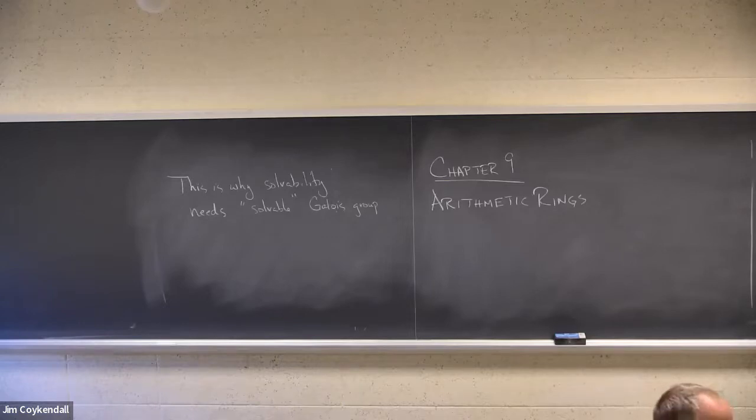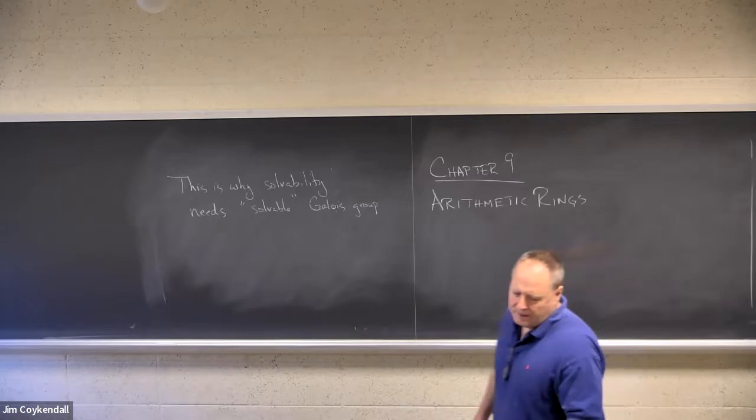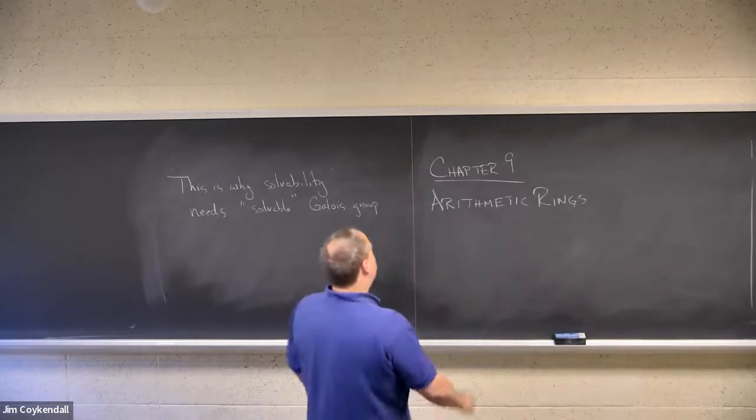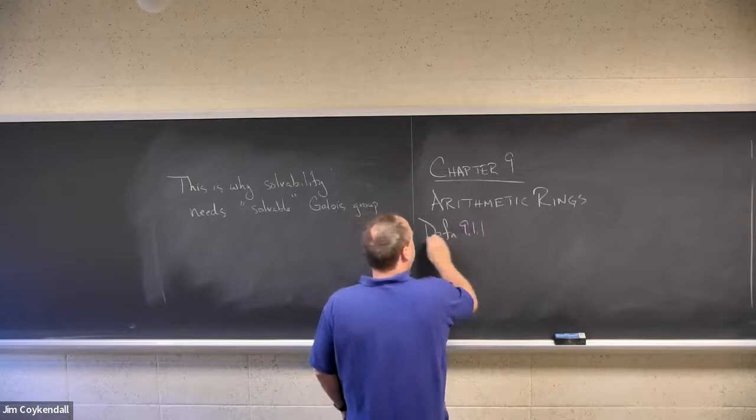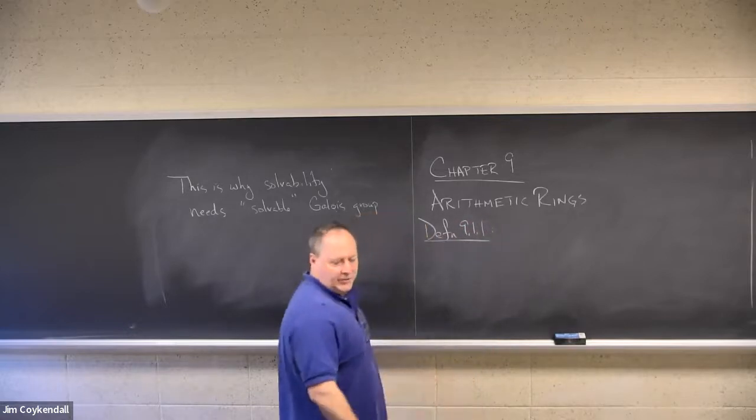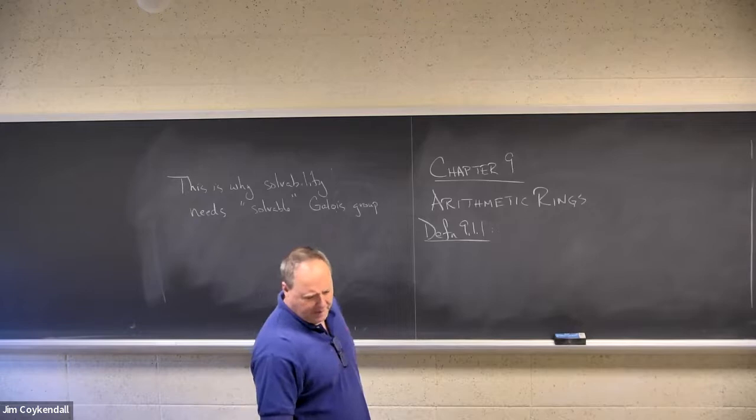How would you generalize the notion of algebraic, which seems to be kind of a big thing, to a general commutative ring? Definition. I think it's interesting, the adjustment that has to be made.